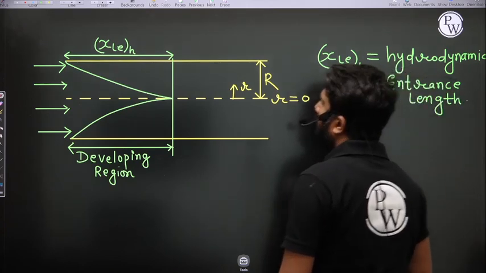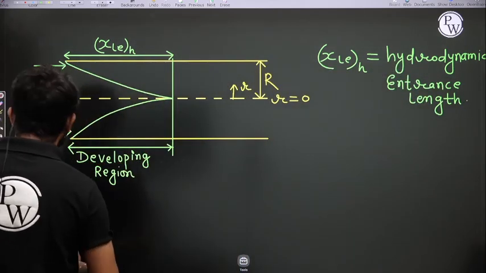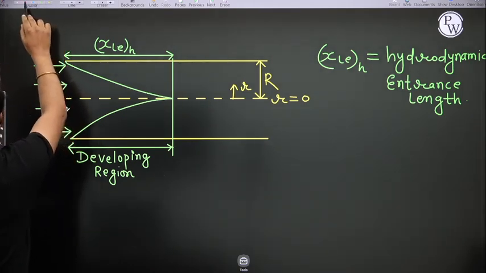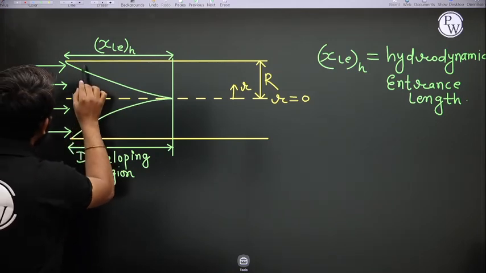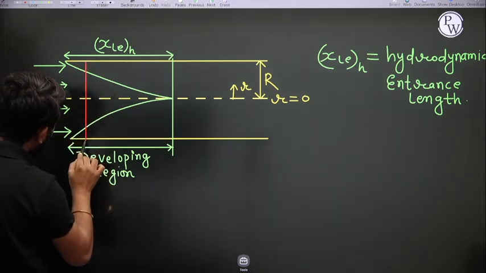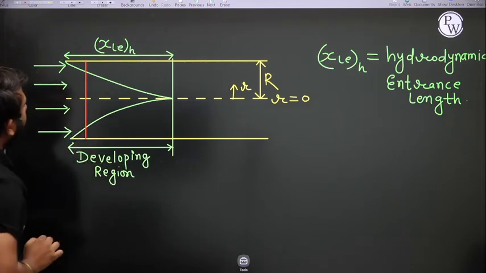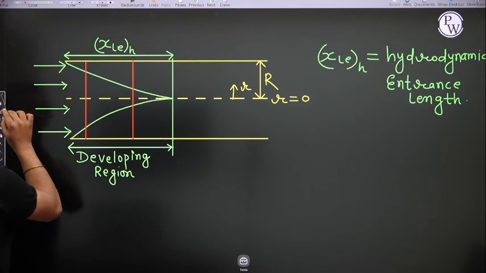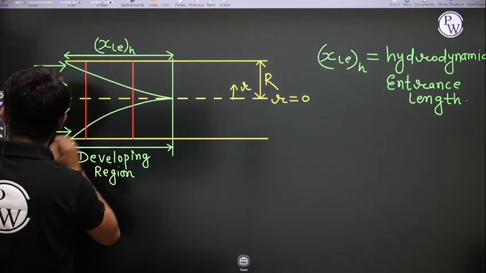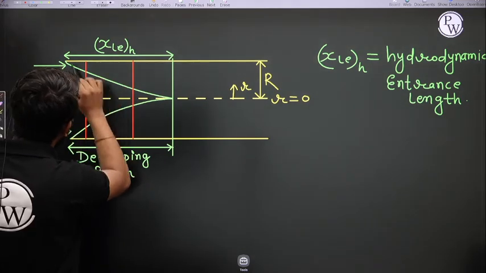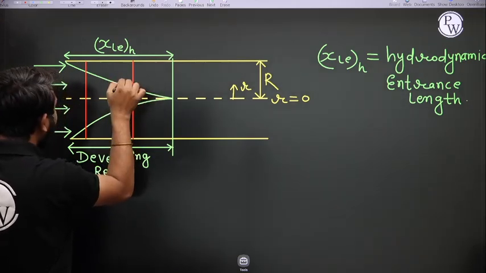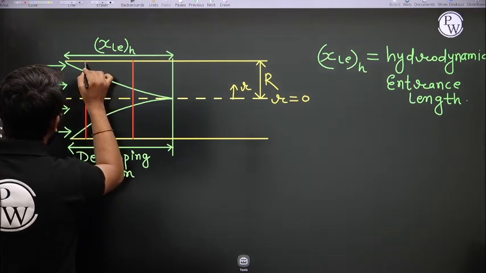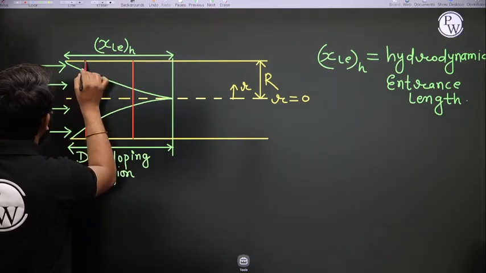Okay, and this is the developing region, and in the developing region the velocity profile changes. I am considering one section here and another section here. Inside the boundary layer, the velocity changes. At the wall the velocity is 0.